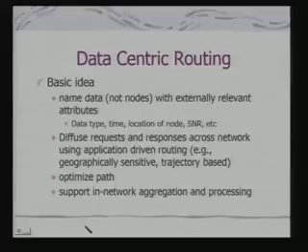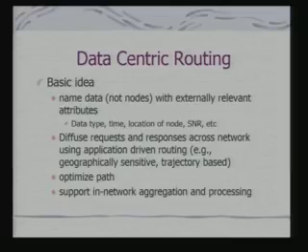You optimize the path, and these would support in-network aggregation and processing, because if you have the data packet moving along a track, and along the track the target is moving, then at each node you can aggregate the newly sensed data with already sensed data.